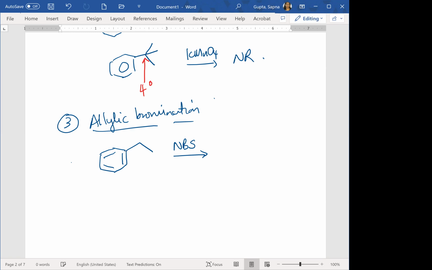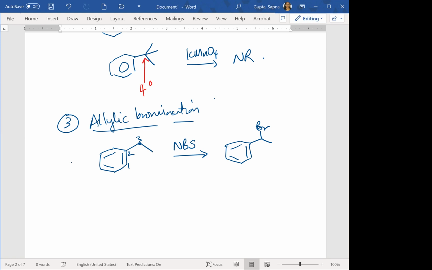NBS, remember, N-bromosuccinimide was the reagent of choice. We did this in conjugation also, if you remember. This is how we made conjugated systems when we needed to synthesize them. So NBS. So allylic bromination. So the allylic point is 1, 2, 3. Remember, the third carbon, that's the allylic position. There. So that's what you get.